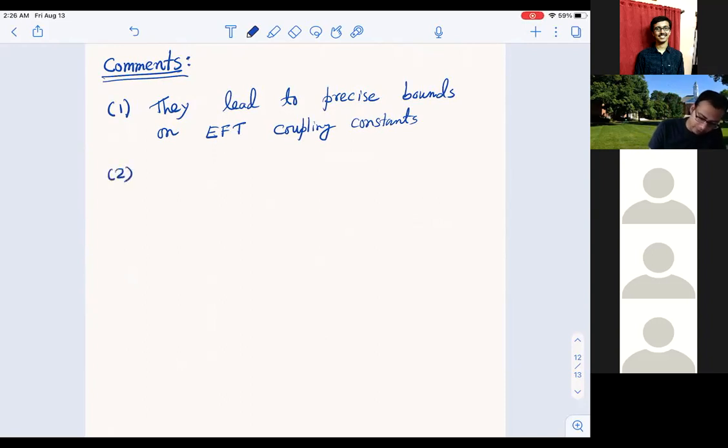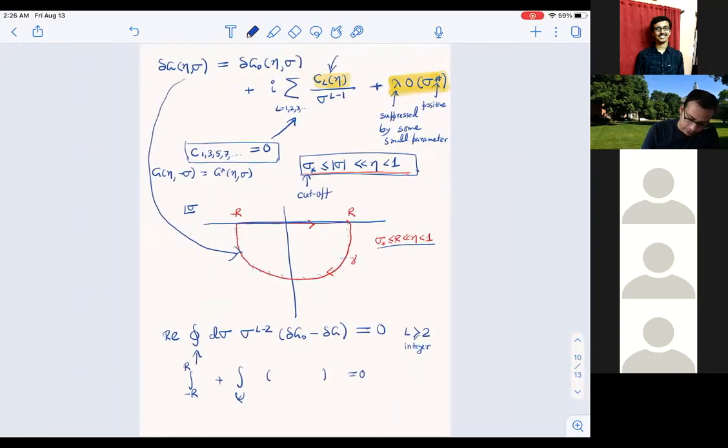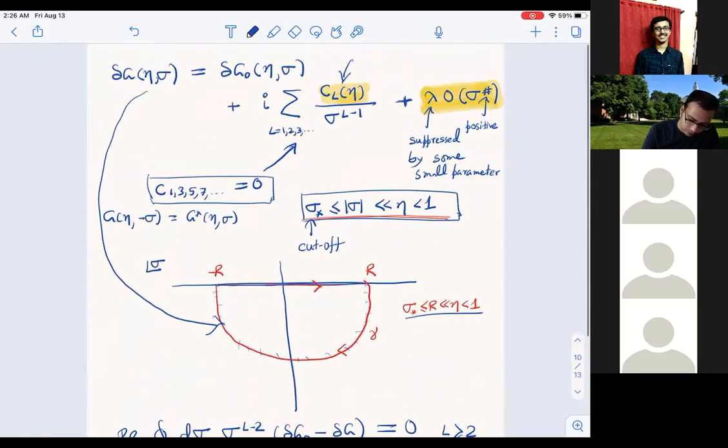And the second thing is about the chaos bound. If you look at this expression, there are terms like 1 over sigma.